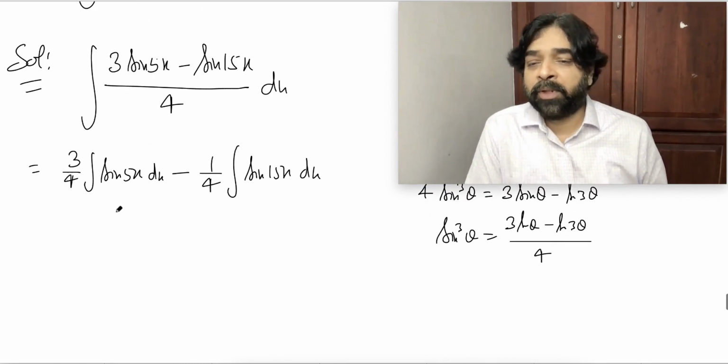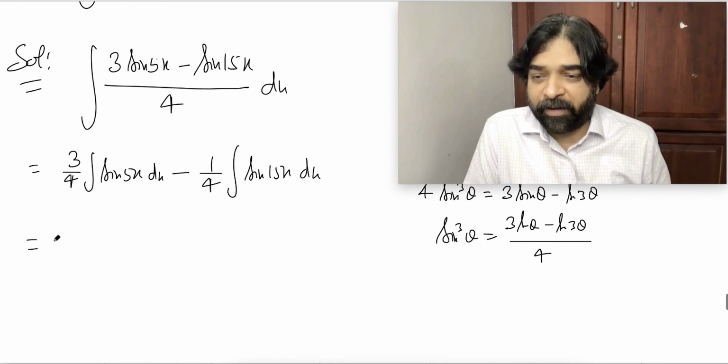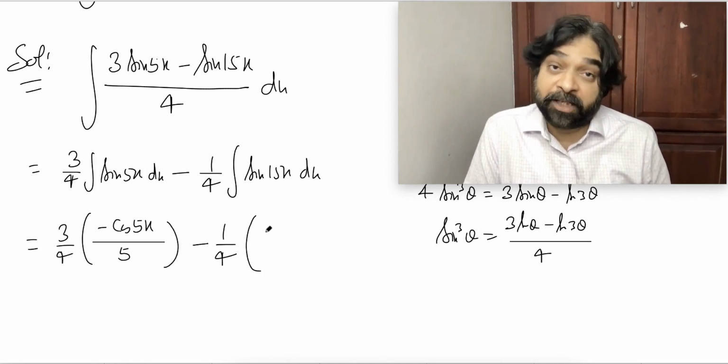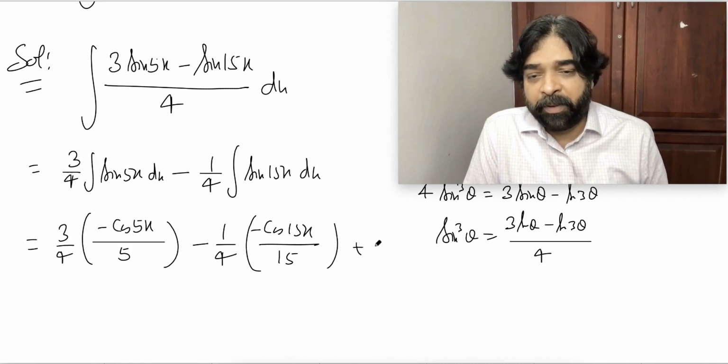So now sin 5x integration is minus cos 5x by 5. So 3 by 4 into minus cos 5x by 5, minus 1 by 4, sin 15x will be what? Minus cos 15x divided by 15, plus c.